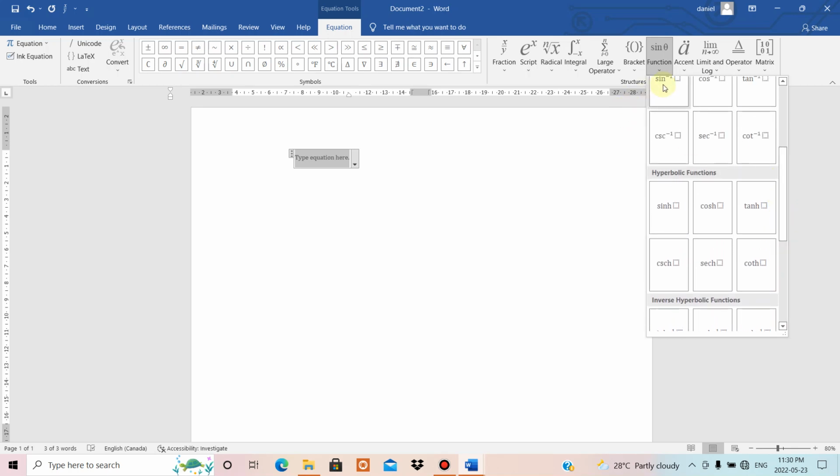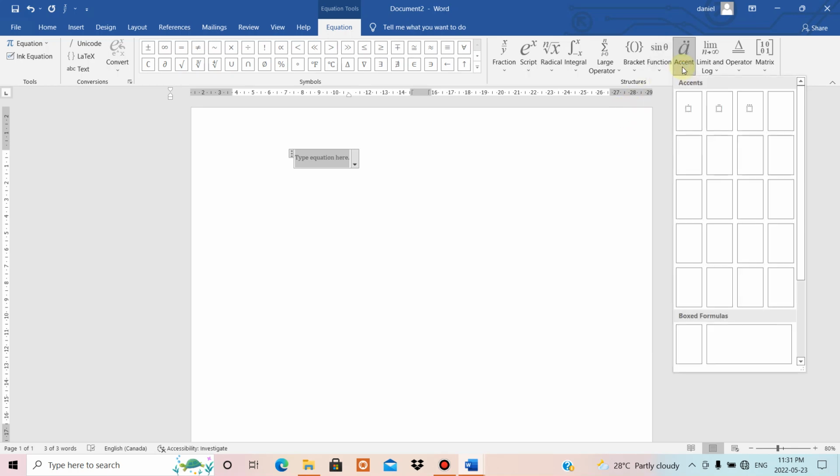The next menu is the Accent. If you want to put an accent on a variable, this is where you come. Let's say you want to write x bar, which means the mean of x.